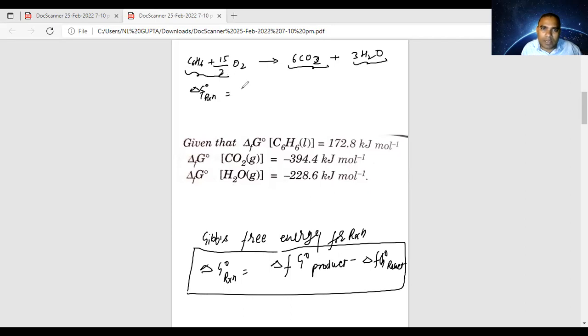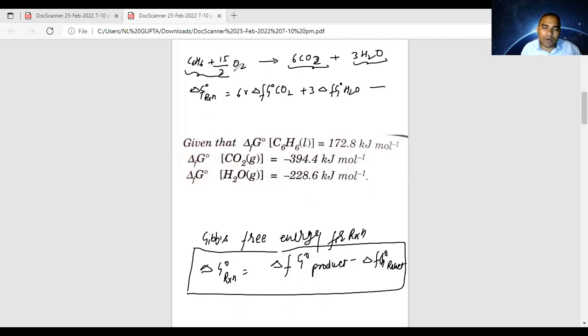So products means 6 into the free energy of formation of CO2. So delta F G naught CO2 we can write, plus 3 into delta F G naught H2O, minus what we have to write.